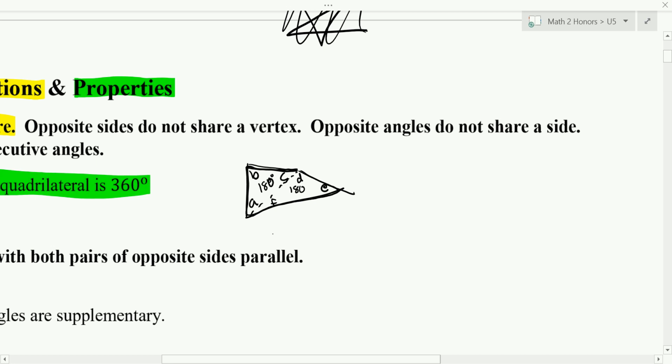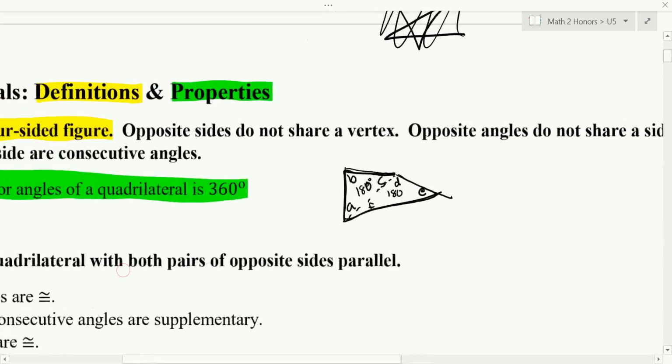Well, if you take that dividing line out, you'll notice that angle A plus angle F is one of the angles of my quadrilateral. Angle B is the other angle. Angle C plus angle D is the third angle, and angle E is the fourth angle. And we know the sum of all six is 180 plus 180, which is 360, right? And so that's all it comes from.